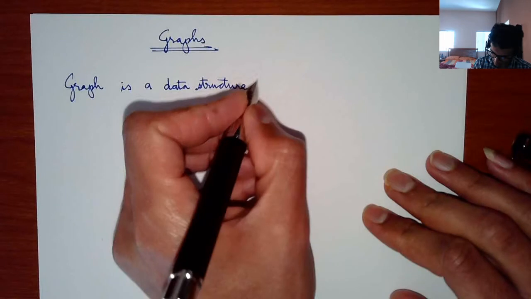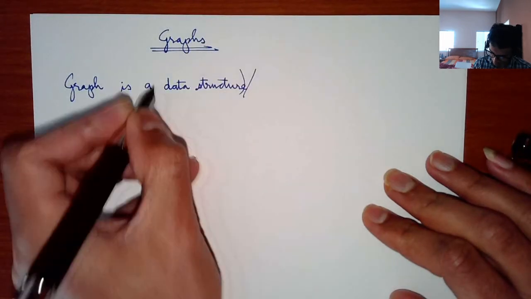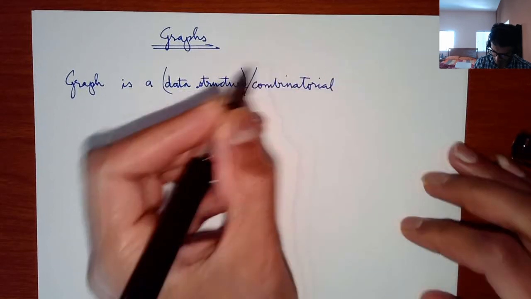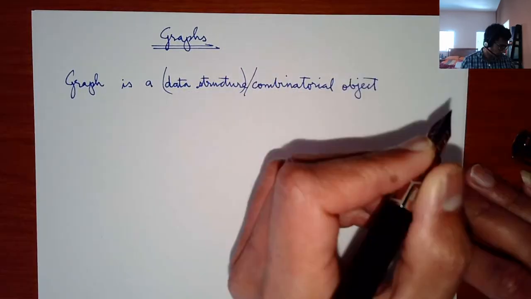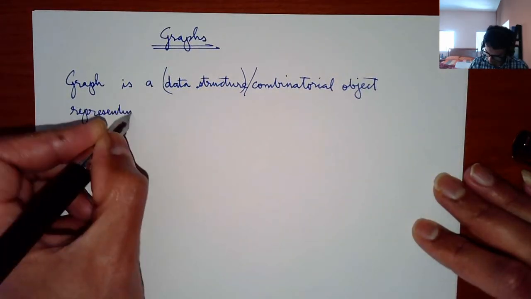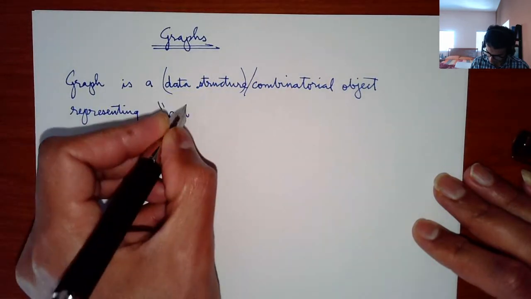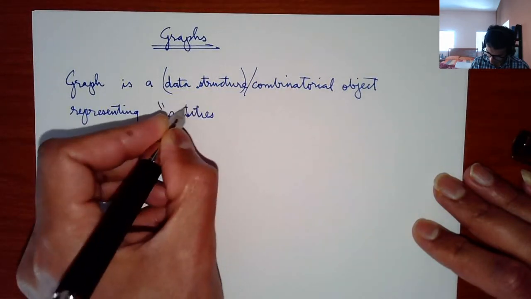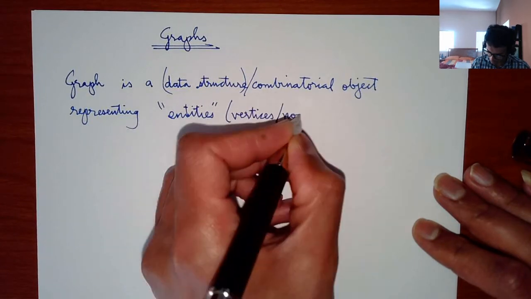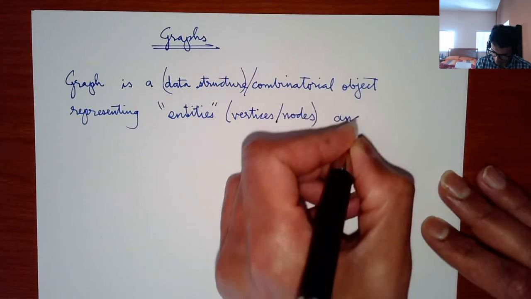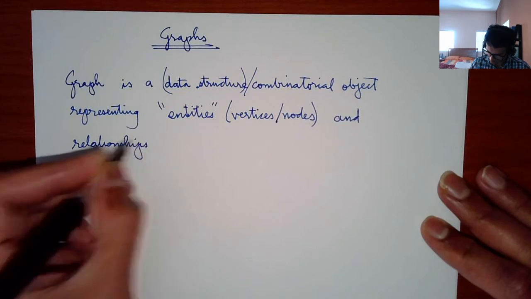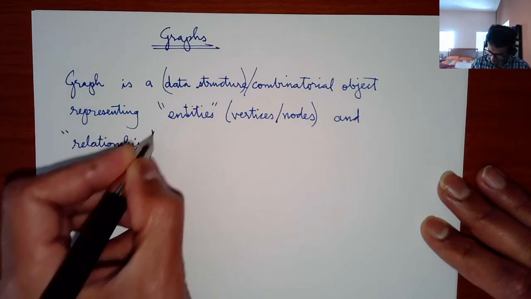It is the right thing to say, it is a combinatorial object representing, I'll say, entities, and these are often called vertices or nodes, and relationships, which are often called edges.